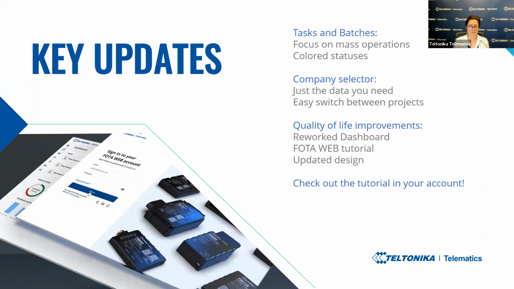So to sum up, the key updates that we are introducing with this new FOTA WEB interface are the following. First of all, a dedicated page for task groups instead of the list of batches that we had on the dashboard previously. And we are focusing on showing tasks in groups, again, instead of an individual list of tasks.